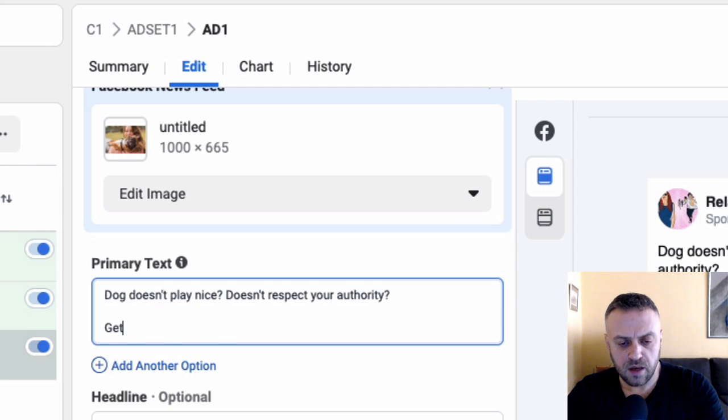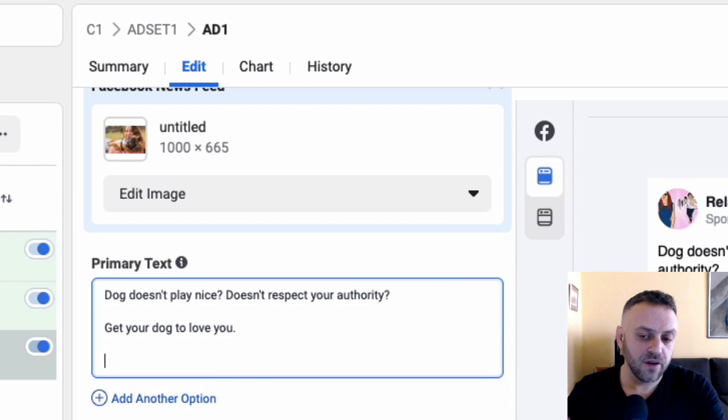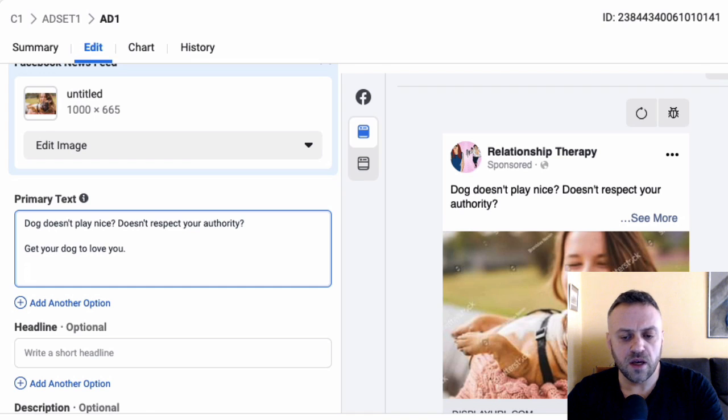Or something like that. Get your dog to love you. Okay? And you can even write more. I've seen ads that are basically like a sales letter. Like, I used to have a dog that didn't listen to me, didn't pay attention to me, and now it does. Now it's a great dog, etc. And so that's kind of what you want.